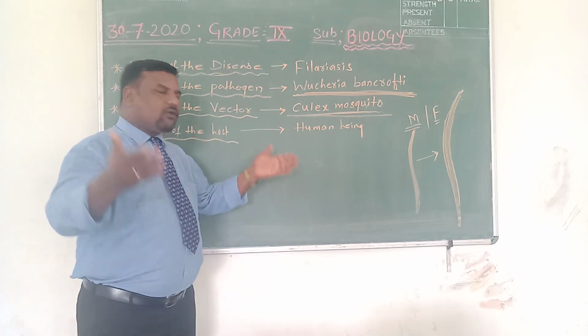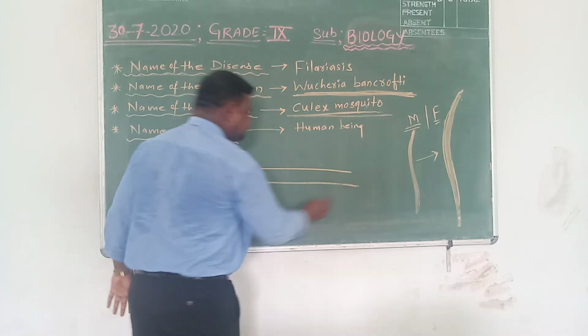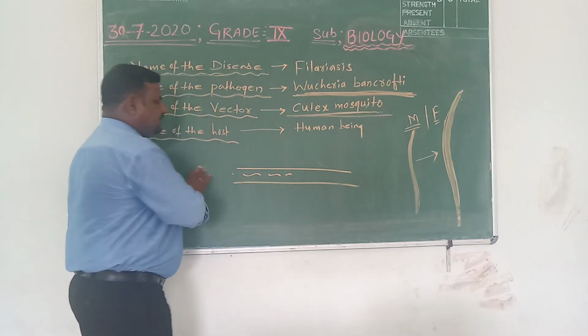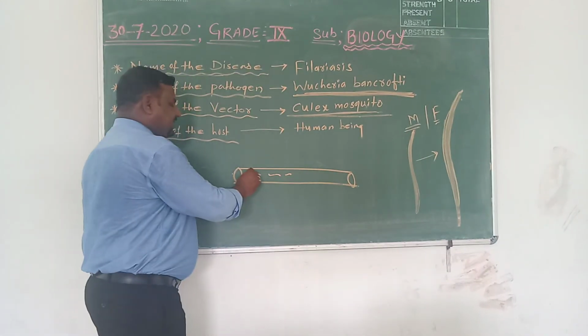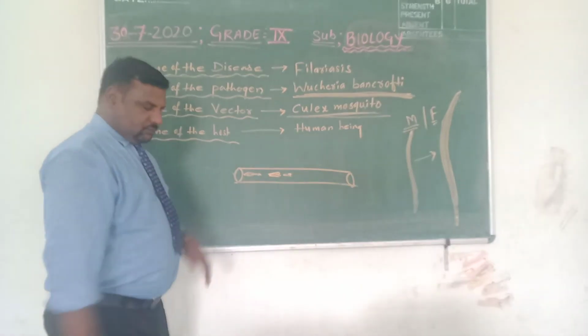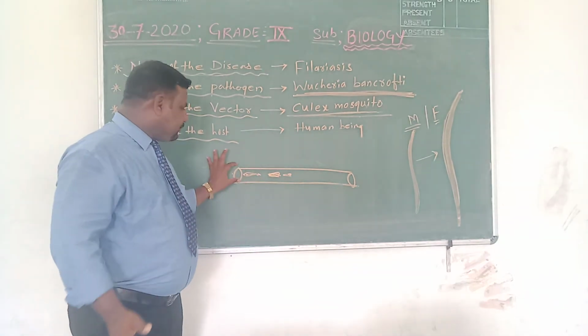Suppose this is a lymph vessel. Initially, one or two Wuchereria bancrofti enter the lymph vessel of our body. After entering, they start multiplying. As a result of multiplication, the number increases in the lymph vessel.